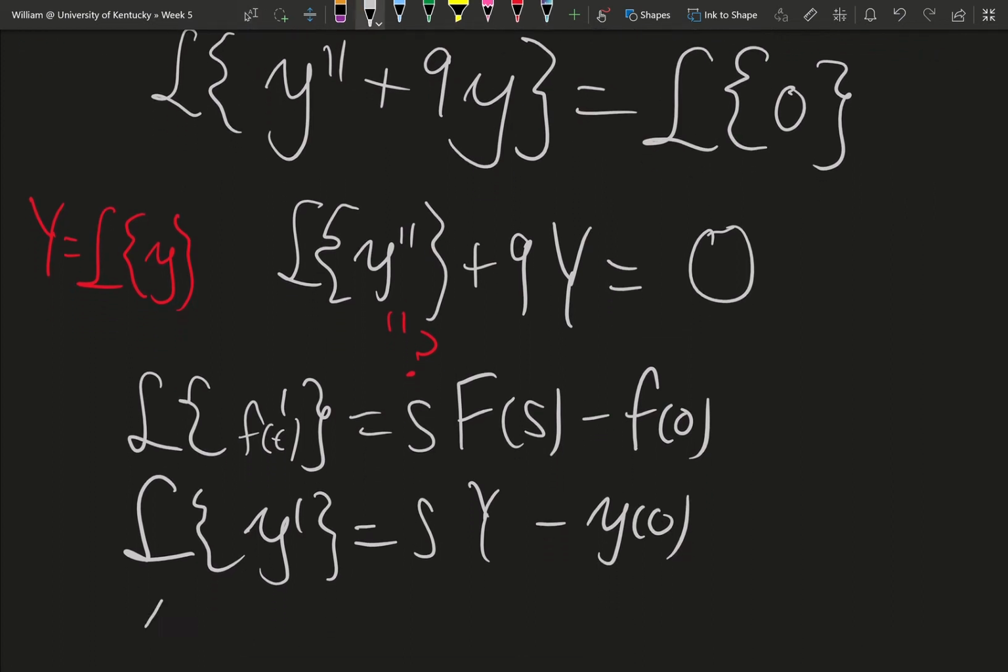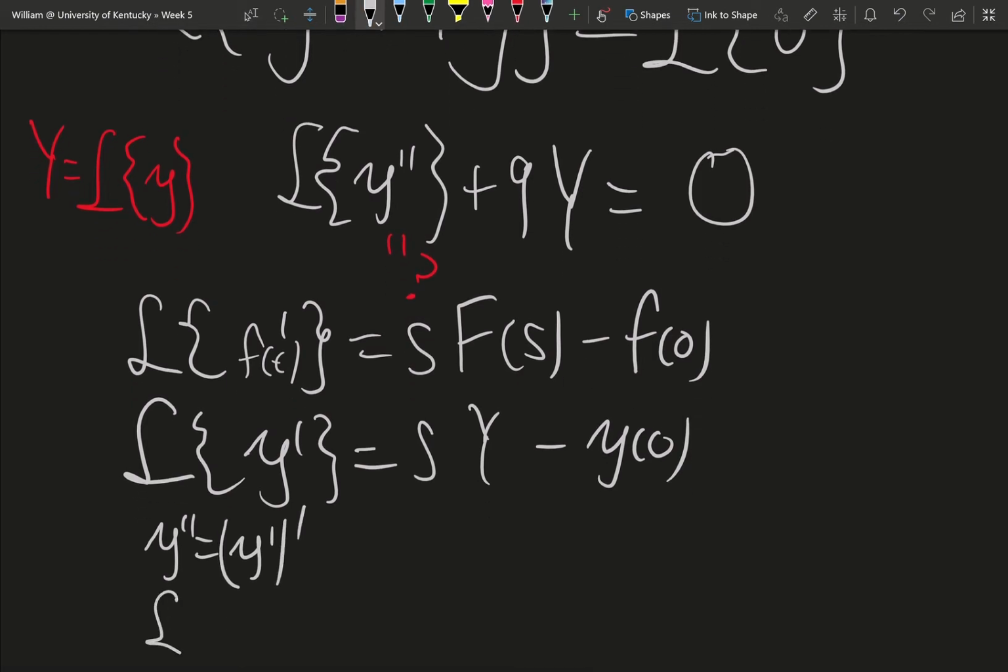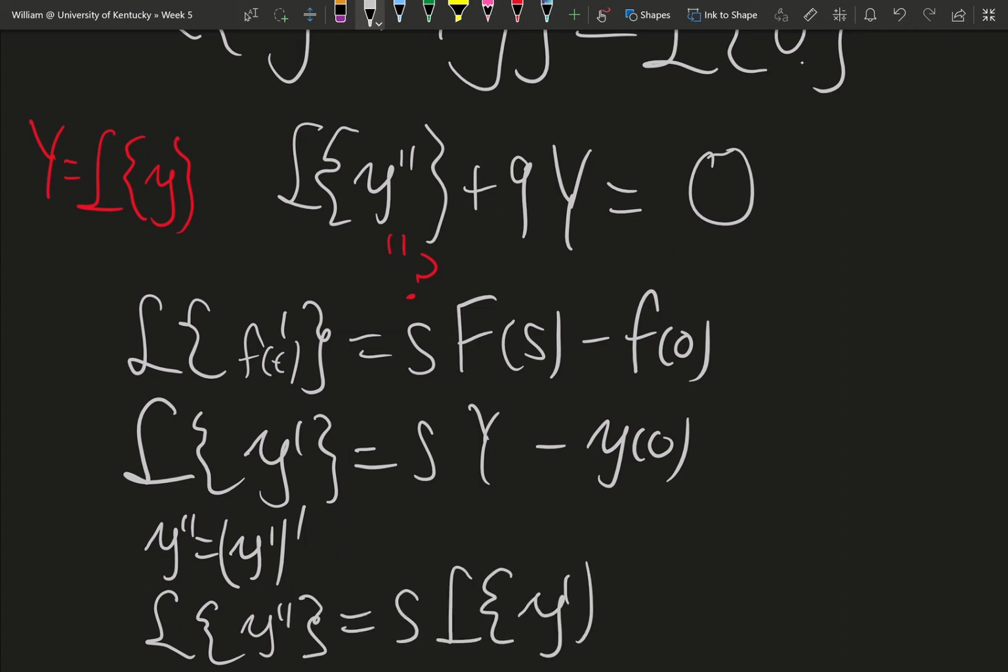And using that y double prime is just y prime prime, we can see that the Laplace transform of y double prime is s times the Laplace transform of y prime minus y prime of 0.